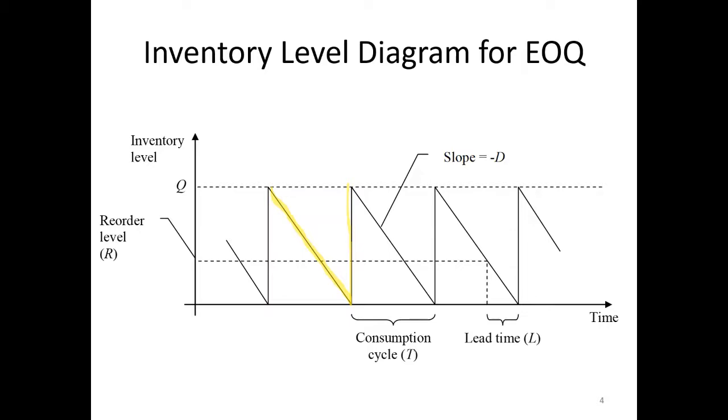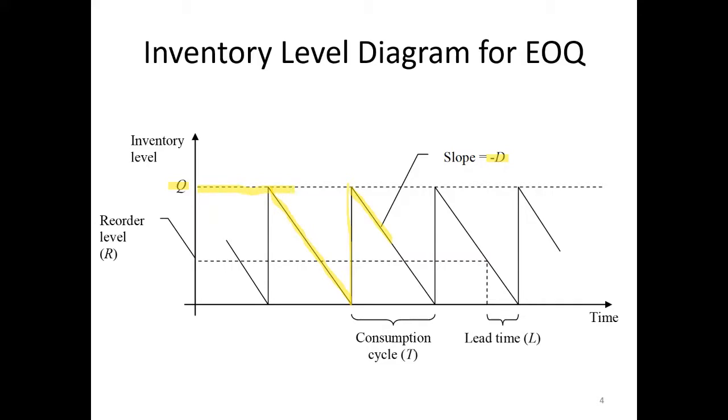Now, when you look at this graph, you will see that the slope of the inclined line is always negative D, where D is the demand rate, which is assumed to be fixed. Also, when we decide on the order quantity Q, the value of Q is going to be the maximum inventory level that can be reached for that item.